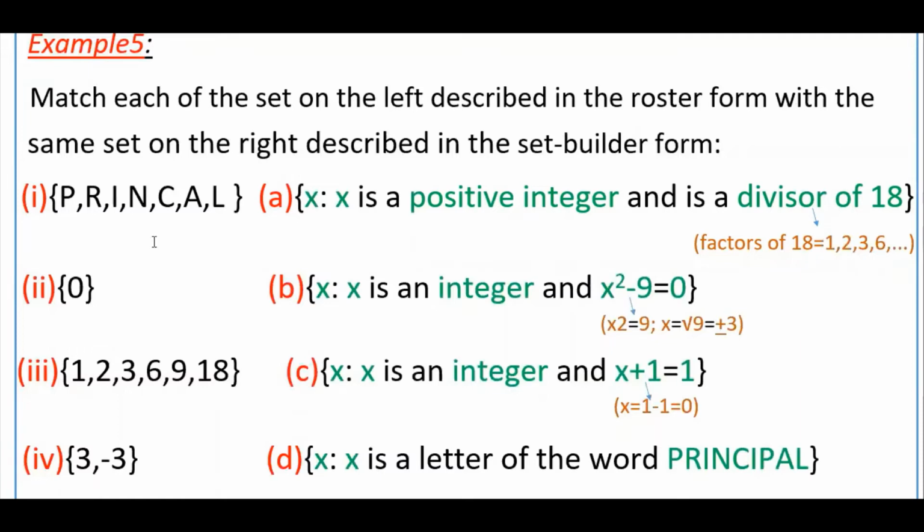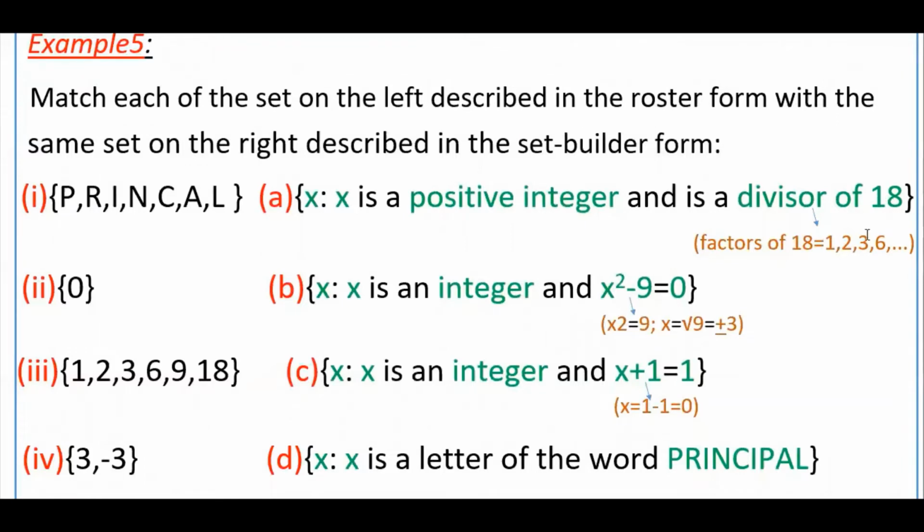So here, first one, you can easily identify, that is D, because here PRINCIPAL letters you can easily identify from this word. So first one you can match with D. And next you have to write the elements of these sets. So here x is a positive integer and is a divisor of 18. So positive integers means only positive numbers 1, 2, 3, 4, 5 like that. And divisor of 18 means factors of 18.